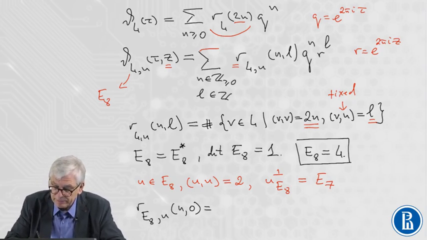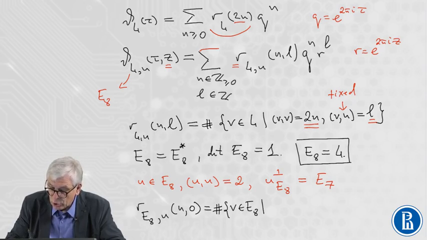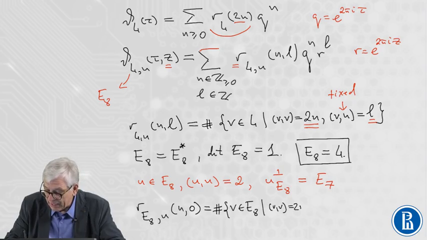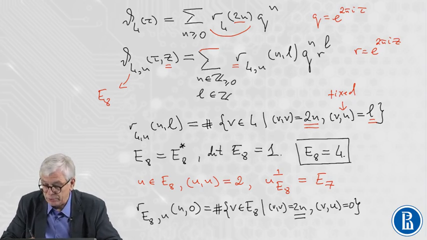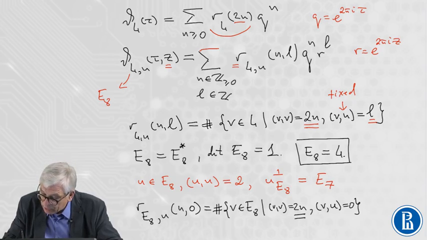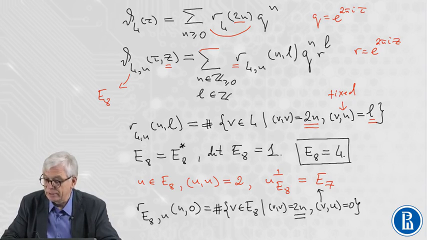This is the number of all vectors in E8 with fixed norm 2n and with scalar product 0 with U. So this is all vectors of norm 2n orthogonal to U. But all orthogonal vectors belong to E7.